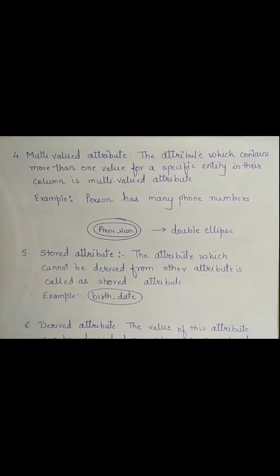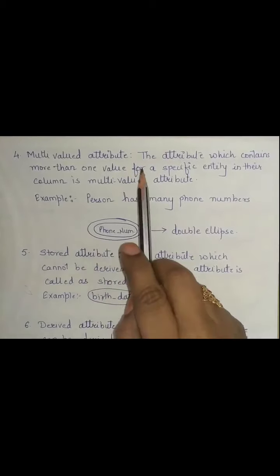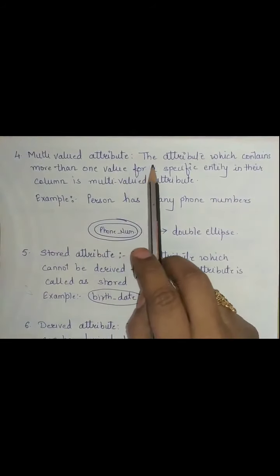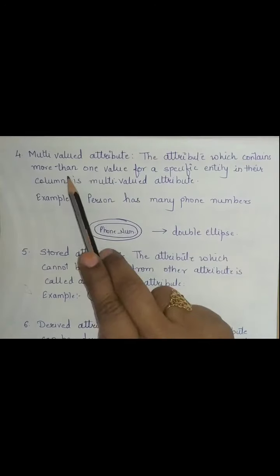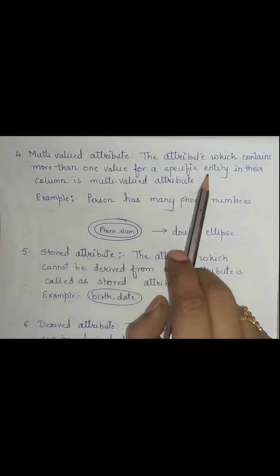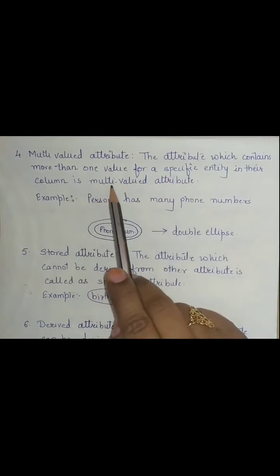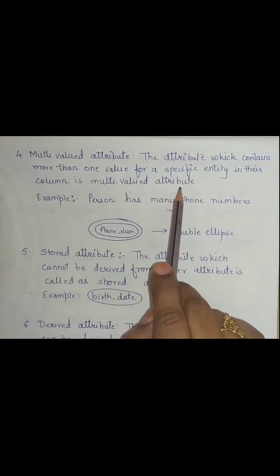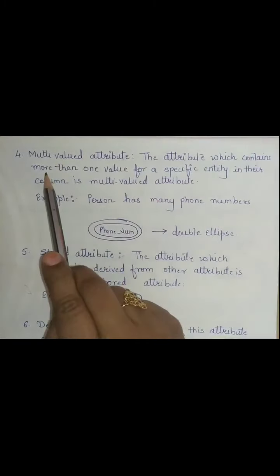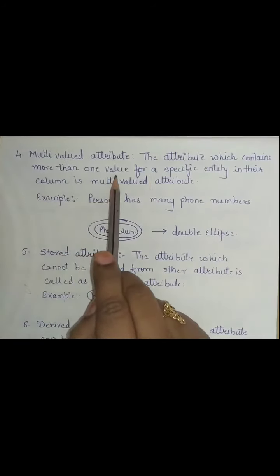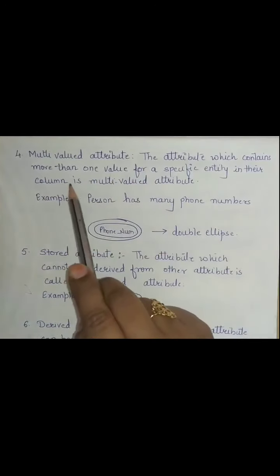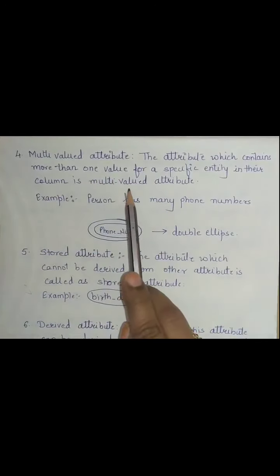Now let's see what is a multi-valued attribute. What is the definition of it? The attribute which contains more than one value for a specific entity in its column is a multi-valued attribute.